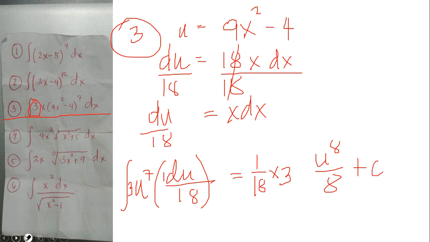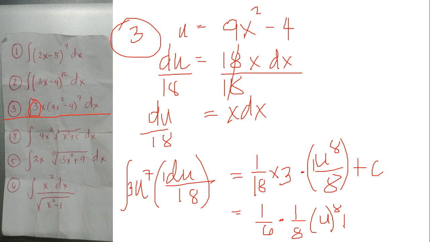Shortcut. So, 3 all over 18. What is 3 all over 18, guys? 1/6 na pala, no? So, 1 all over 6 times 1 all over 8, kasi yung NF natin dito is 1 all over 8. Tapos, yung u raised to 8 plus c.